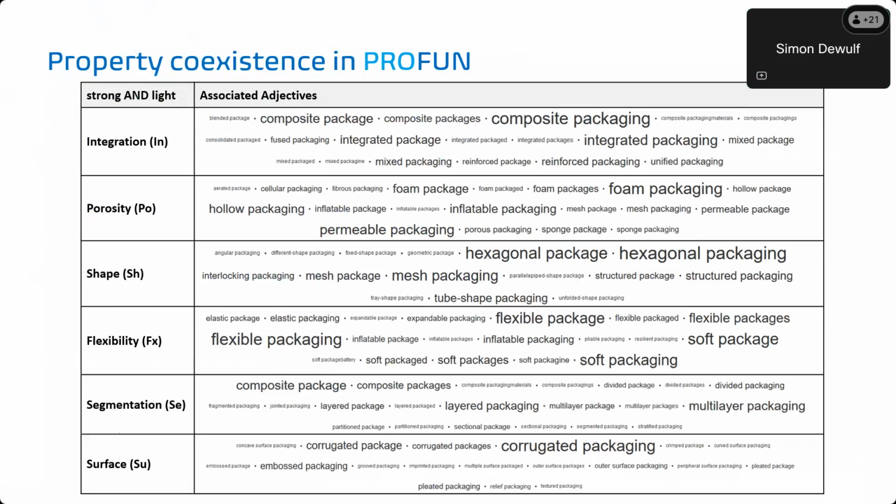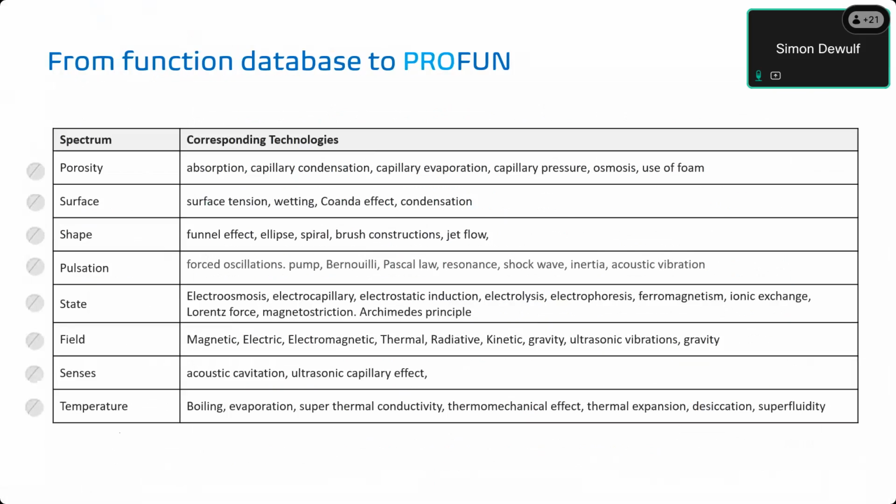The other one is that if you go back to the function database, just to go through a few of the tools here of TRIZ, if you look at the classical question of how do we move water out of a glass without touching the glass, then normally I think there's about 48 ways to move a liquid in the function database. Every one of these technologies is actually connected to a property it's changing.